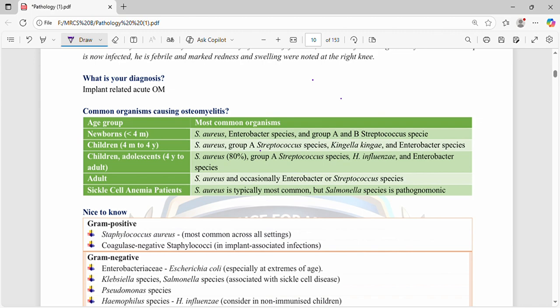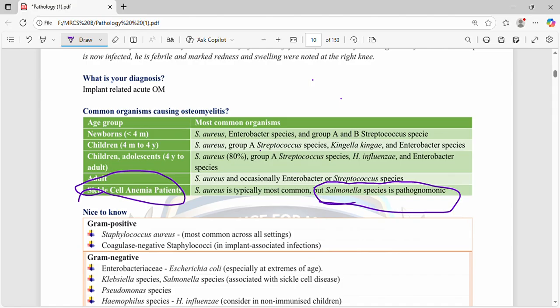And in sickle cell anemia patients, Staphylococcus aureus is typically still the most common, but Salmonella species is also characteristic. There is a high chance of Salmonella as well.